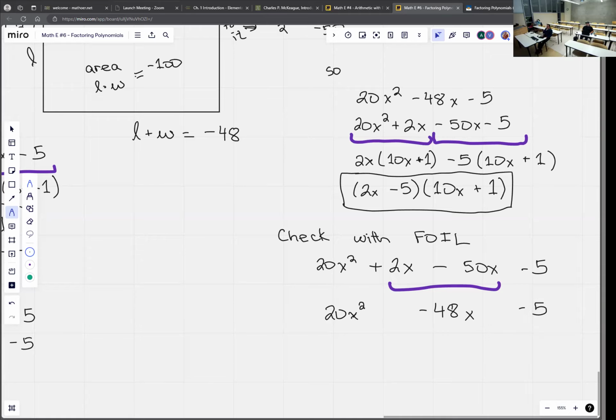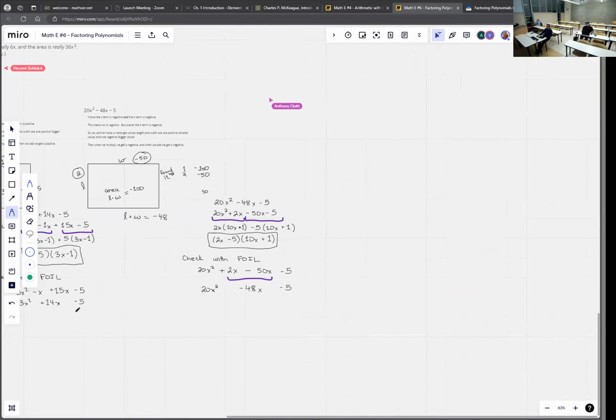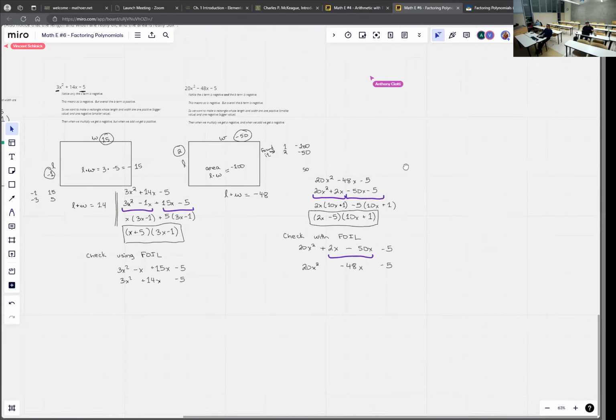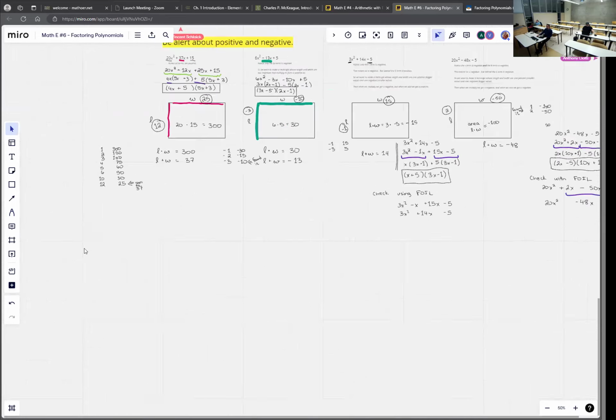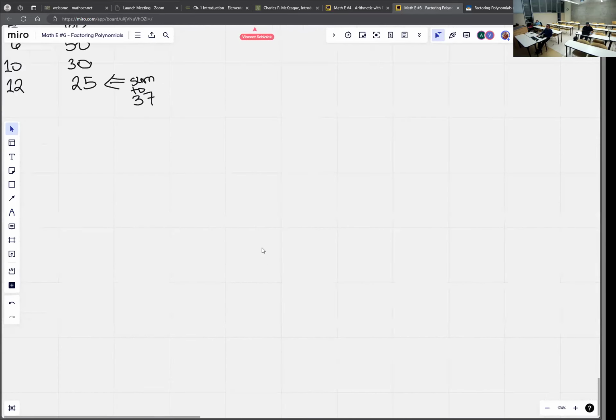So when we multiplied polynomials, there were some secret patterns that the book calls special products. And the last thing to talk about would be those.